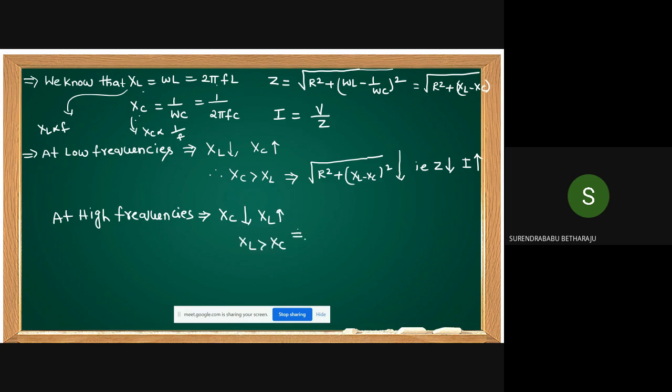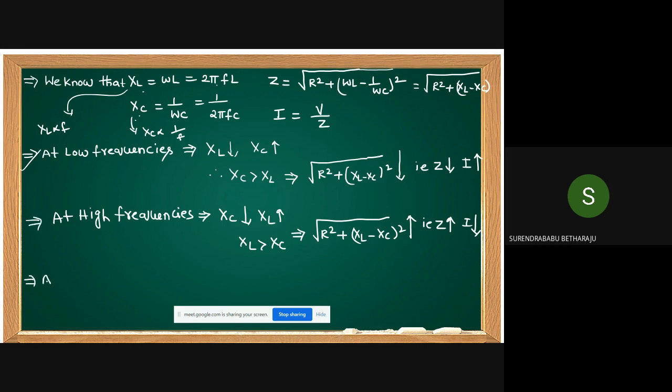If XL is greater than XC, in the square root of R square plus XL minus XC, does this term increase or decrease? The positive term is more, so Z increases. If Z increases, what about I? It reduces. This is for low frequencies, and this is for high frequencies.